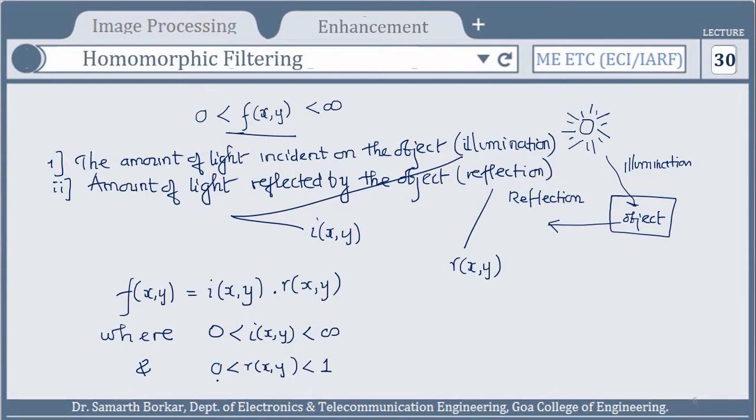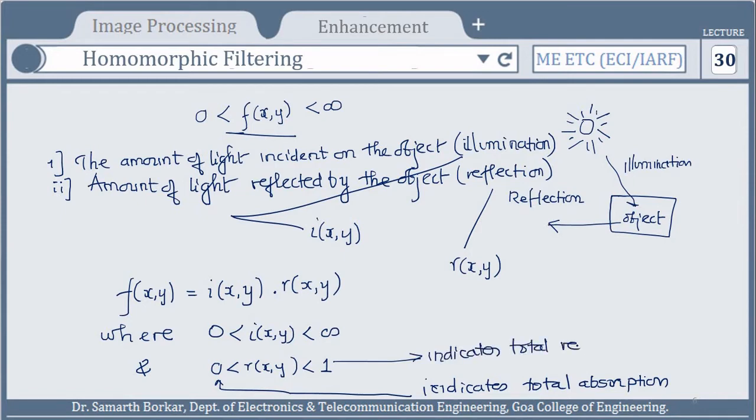Now here this 0 indicates the total absorption, while this 1, this limit, indicates total reflectance. Okay, these are the limits.